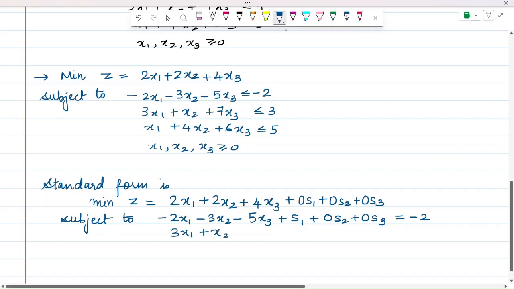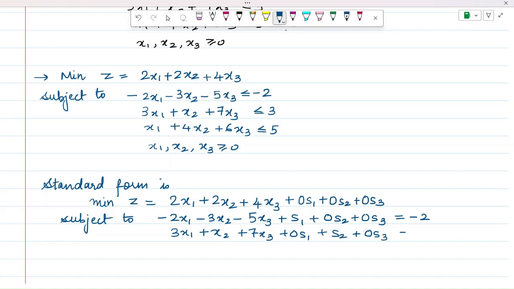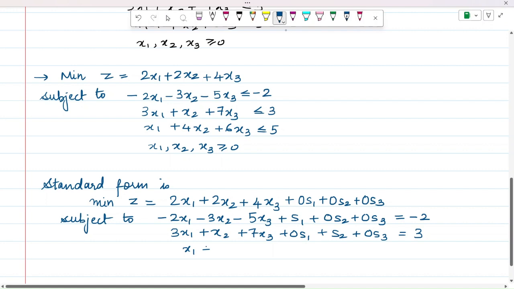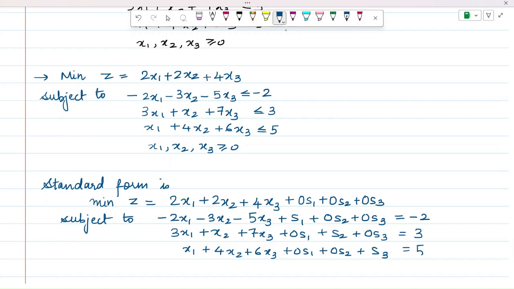Then 3x1, x2, 7x3. No contribution from S1. S2 contributes and no contribution from S3. Equality constraint 3. Last equation x1, 4x2, 6x3. No contribution 0s1, 0s2 and lastly S3 equal to 5.